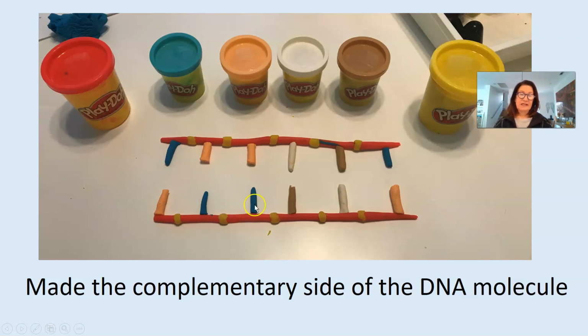T, adenine or A, cytosine, guanine, so that's CG, and then GC, and then here I am again with A, and it's going with thymine, T. So in DNA, A goes with T, C goes with G. And you can obviously pause this video, and I do have a separate PowerPoint, not a video, that you can refer to.